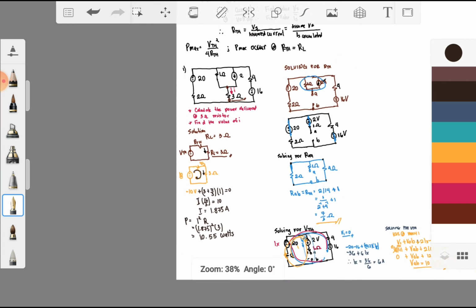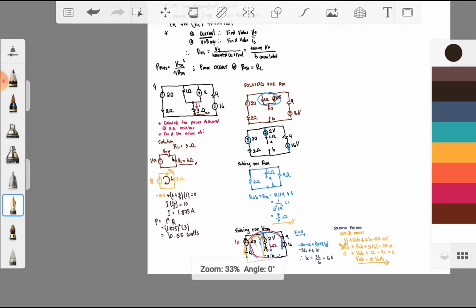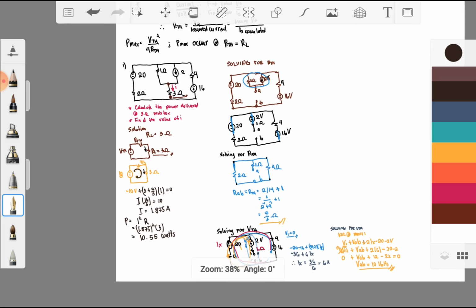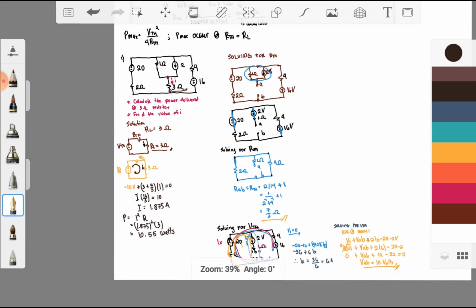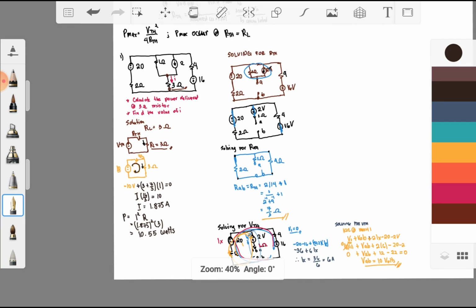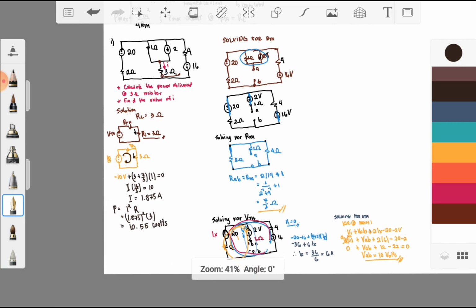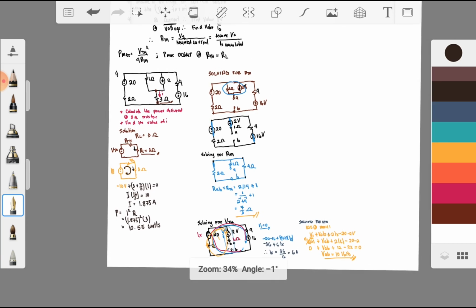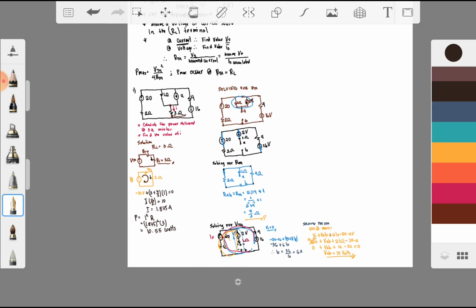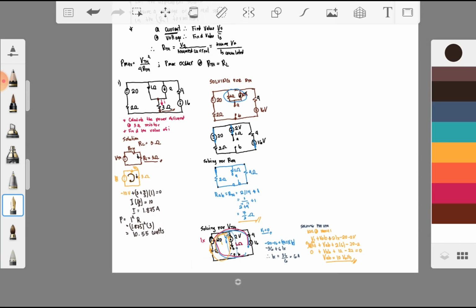Okay? And your ITH will basically be equal to VTH divided by your RTH. Okay? Or your IN. Right? So this will be your example number 1.